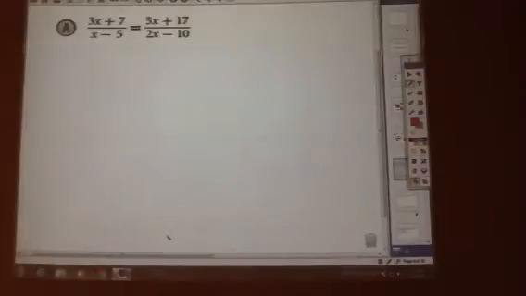Okay, right there in the middle of the page, solving rational equations algebraically.